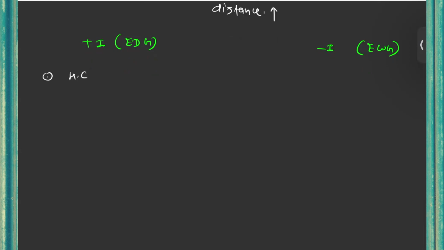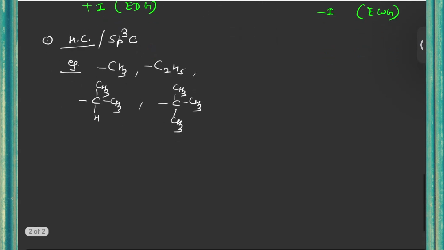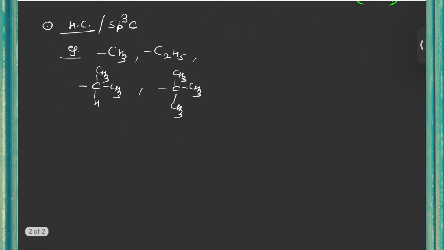I am giving you very simple examples. Hydrocarbon, or basically we can say sp3 hybridized carbon. For example, CH3, C2H5, isopropyl, and tertiary butyl.